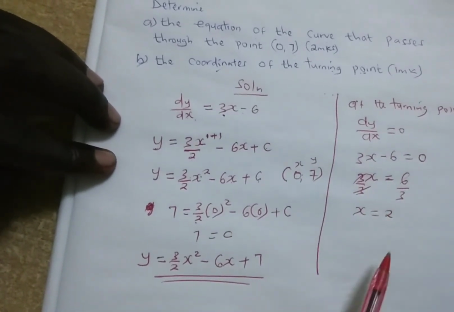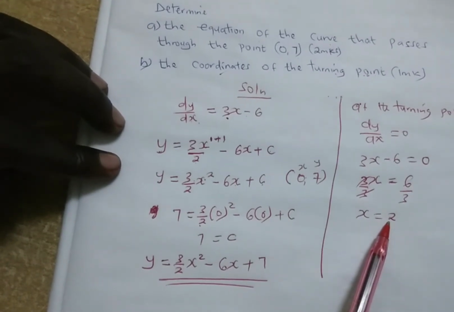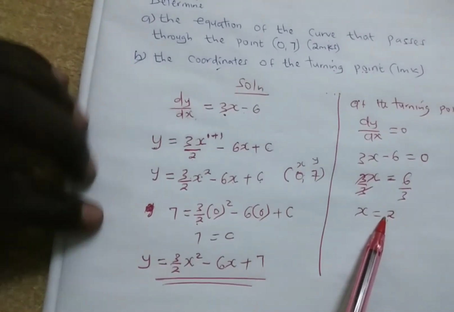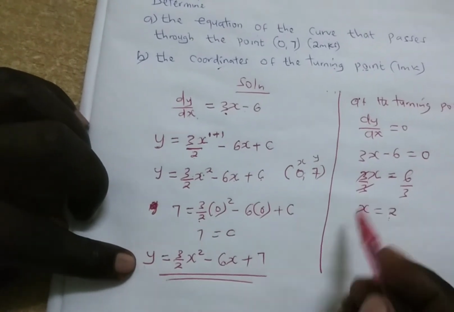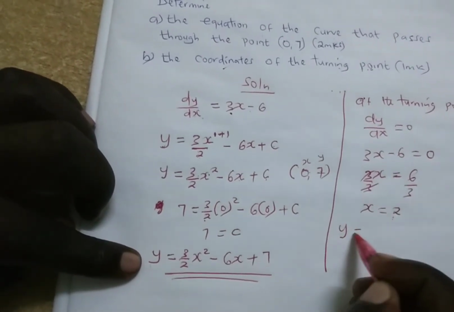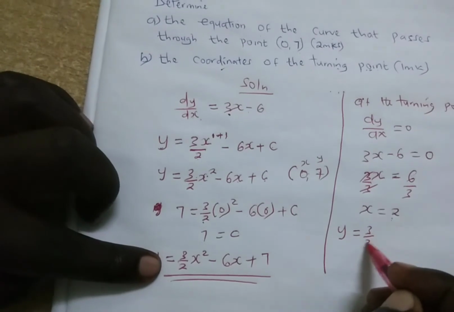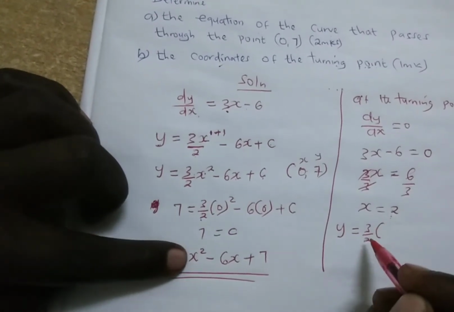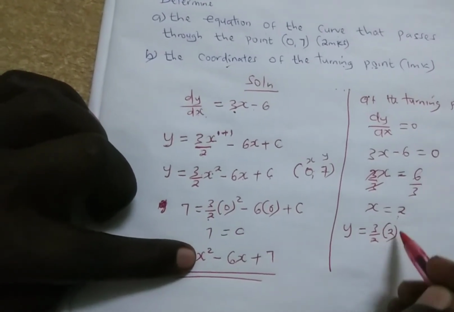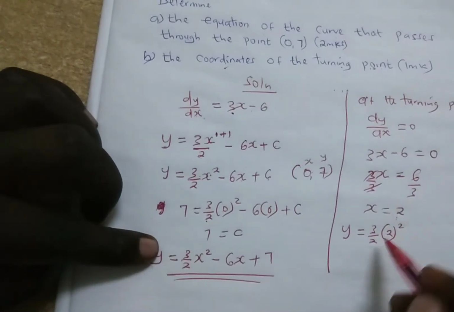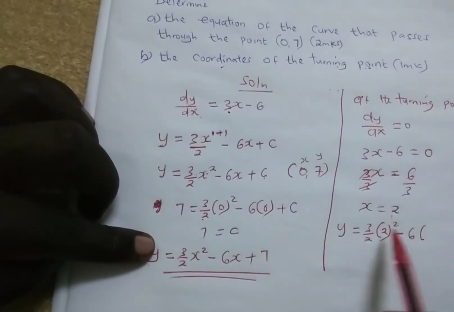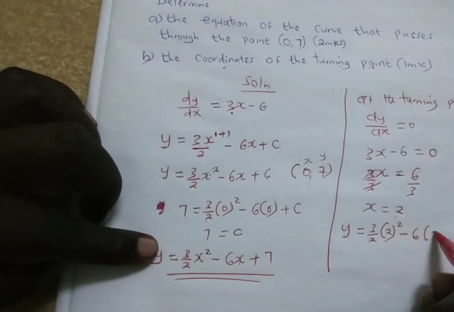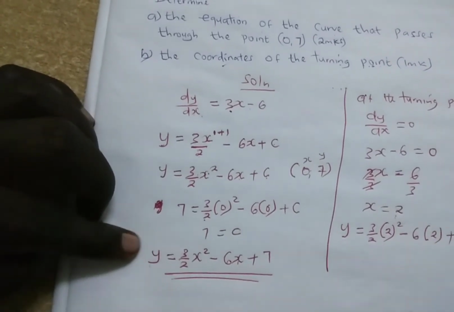Having gotten the value of x, we take the value of x in our specific equation for us to get the value of y, and our y in this case is going to be equal to 3 over 2 into x, and our x is 2, but the value of x is squared, minus 6 times x, and our x is 2, then of course plus 7.